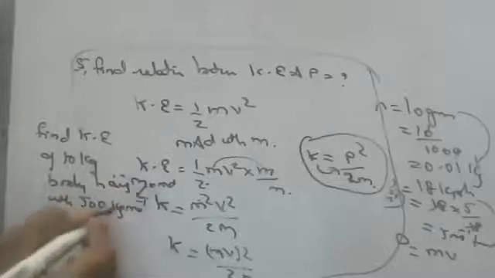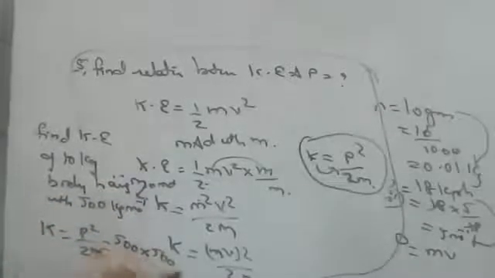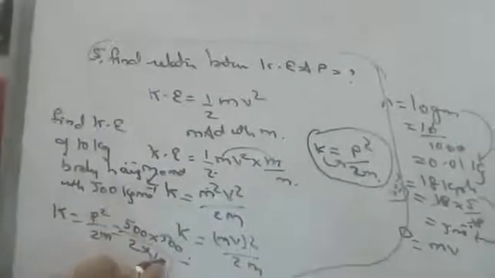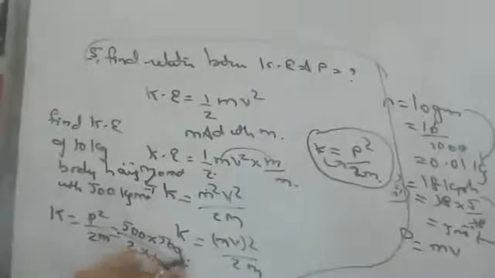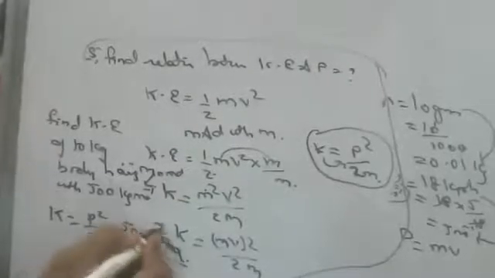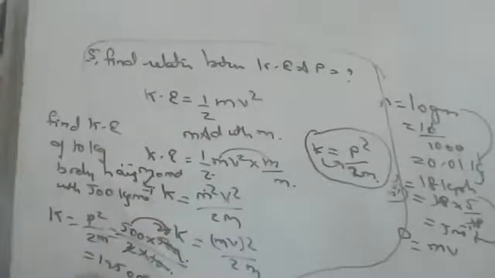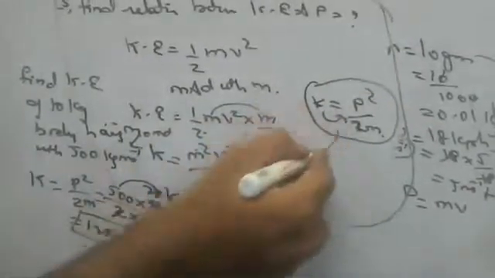P is 500 into 500, divided by 2 into mass, which is 10. So what is the answer? This 0 has gone. 2 fives are 10, 25 is 125. 12500 joules. Like this also you can do. Just a small explanation. This is the relationship.